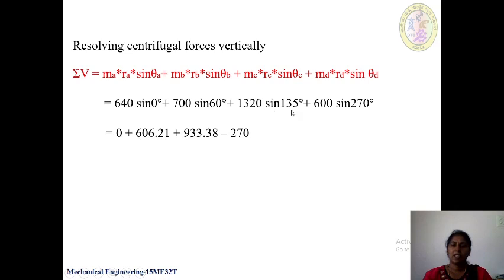Plus sin 135 multiplied by 1320, that is plus 933.38. Minus, since sin 270 degree is minus 1, multiplied by 600 is minus 600, sorry, minus 600. So our sigma V is equal to 939.6 kg mm.